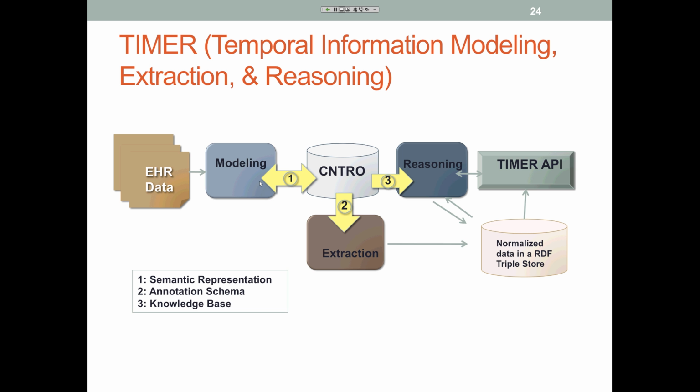So here is a very high-level view of the ontology. I'm not going to go through the details, but you can see we cover different perspectives of the temporal dimension, including different temporal relations, frequency, granularity, etc.